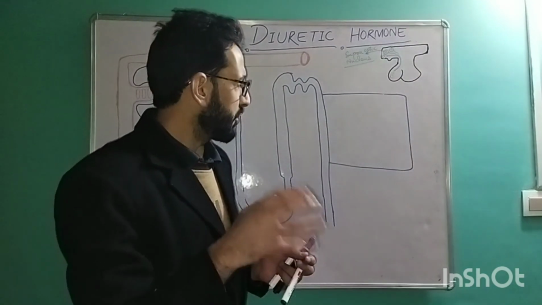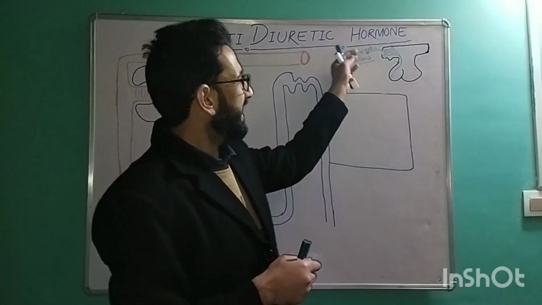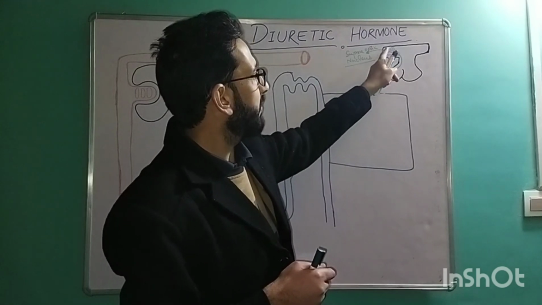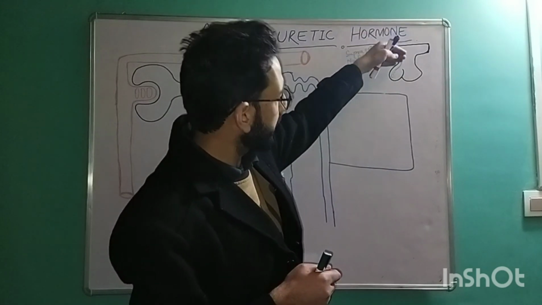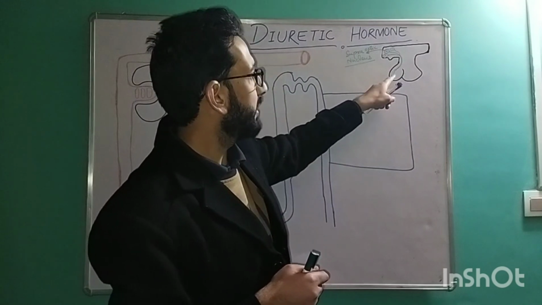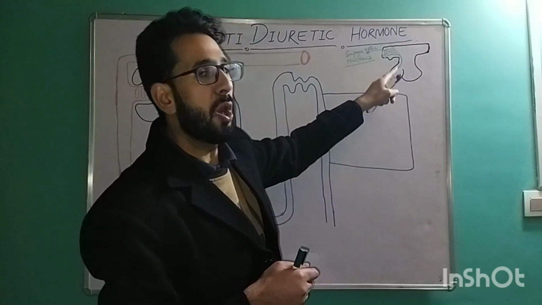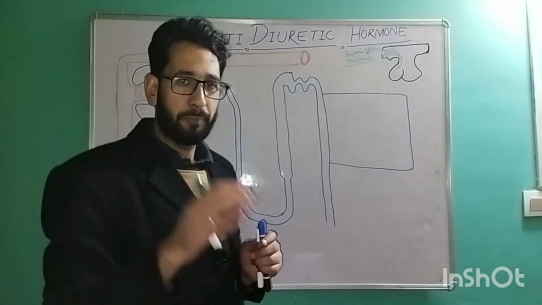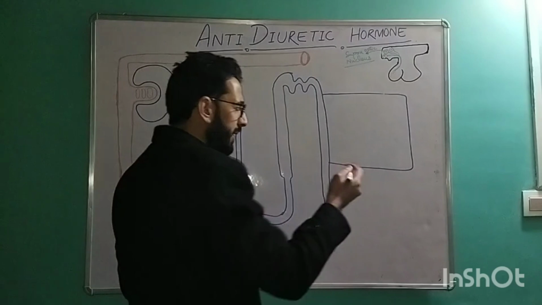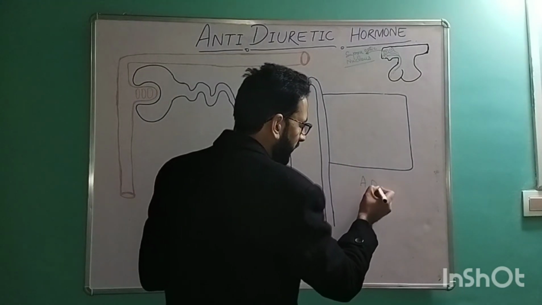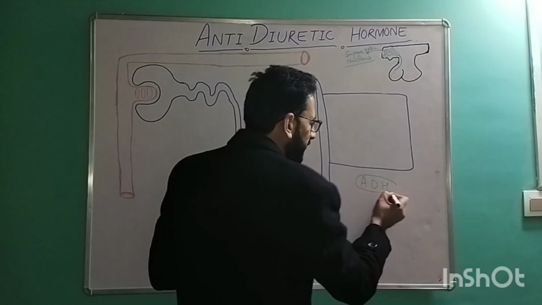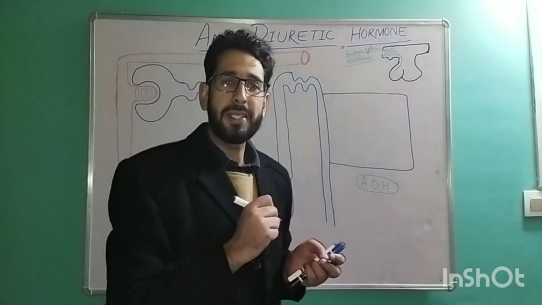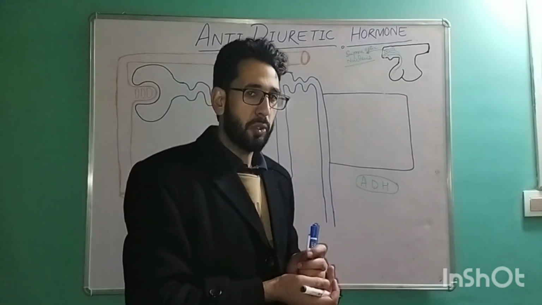First of all, we need to know what the stimulus is which will stimulate the supraoptic nucleus, so that it sends action potentials down the axon to the axon terminals, leading to the secretion of antidiuretic hormone out of the posterior pituitary. So first we will see the stimuli which stimulate the supraoptic nucleus for the release of antidiuretic hormone.